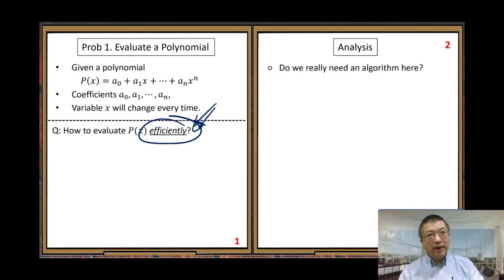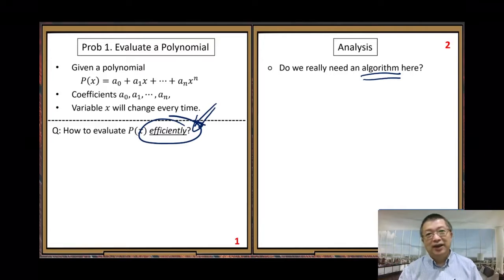The first thing, after part 1, we get some basic understanding of the algorithm. Here the question is, do we really need an algorithm here? Because the problem is so easy, why do we need an algorithm?